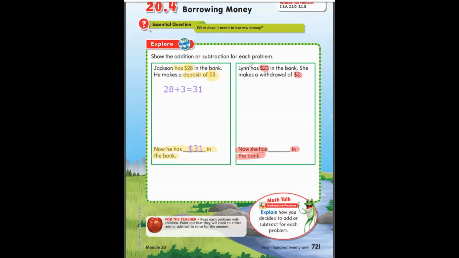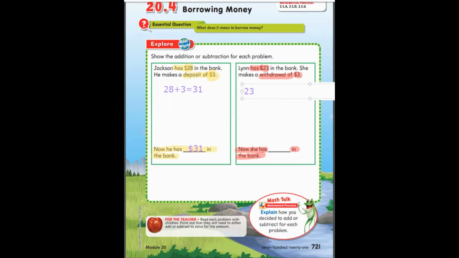Now, keywords. Lynn has, that's the money she has in the bank. So she already has that money in the bank, and she makes a withdrawal. Withdrawal, do you remember what is withdrawal? Withdrawal, acuérdense que es sacar dinero cuando vas al cajero, por ejemplo. So her new amount of money in the bank now is, she had $23.